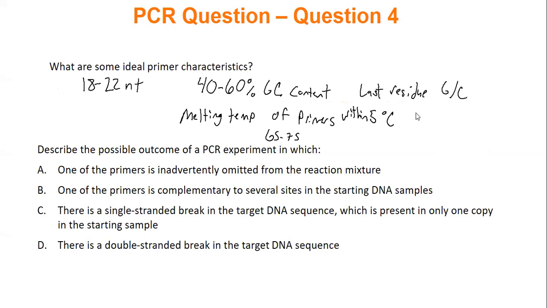And so the next question, though, is some things that will help you better understand PCR if you understand the answer to these questions. Let's talk about linear DNA. So I have linear DNA that I'm trying to copy, and I only add 1 primer.